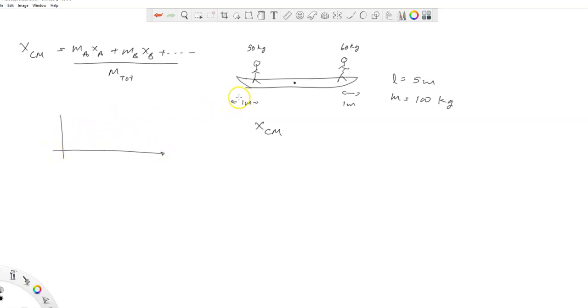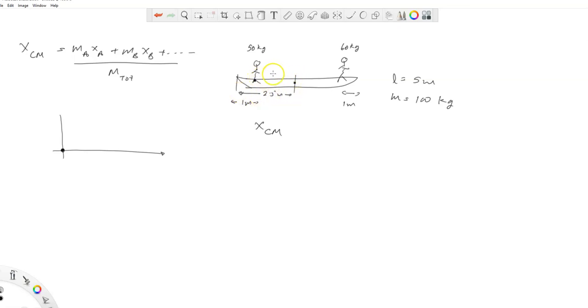I'm going to place the first guy, right on the origin, right over here. So what are the distances? The canoe is 5 meters long, so from here to here, 2.5 meters, right?